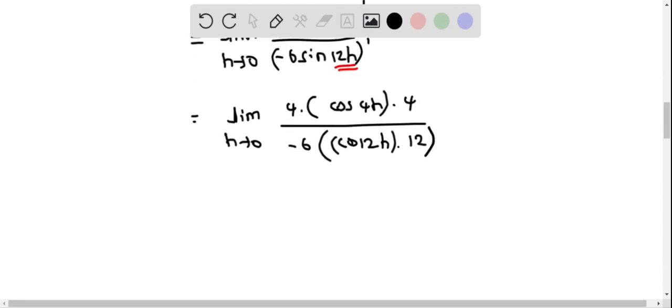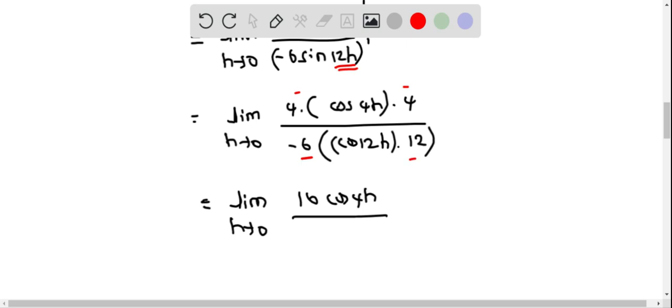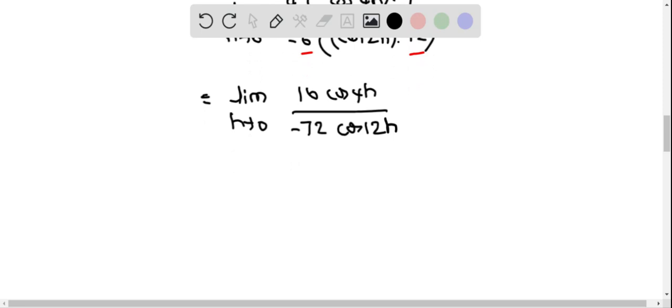Let's simplify this. So this is equivalent to the limit as h approaches 0. We have this 4 multiplied with the 4 becomes 16, so 16 cos of 4h. And then we have this negative 6 multiplied with the 12, which is negative 72 cos 12h. Now we can substitute h equal to 0 into this.